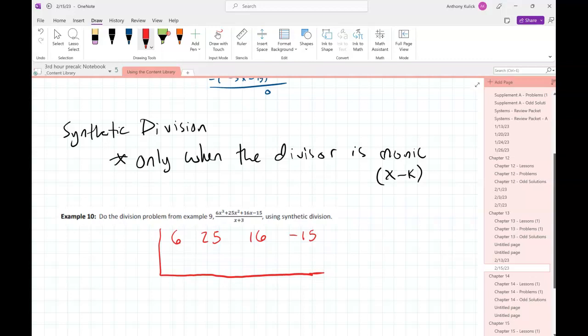Now, what number is going to go on the outside here? You just take the divisor, set it equal to 0, and that's the number that goes on the outside. So that's the setup for synthetic division. Does anybody remember the first step?